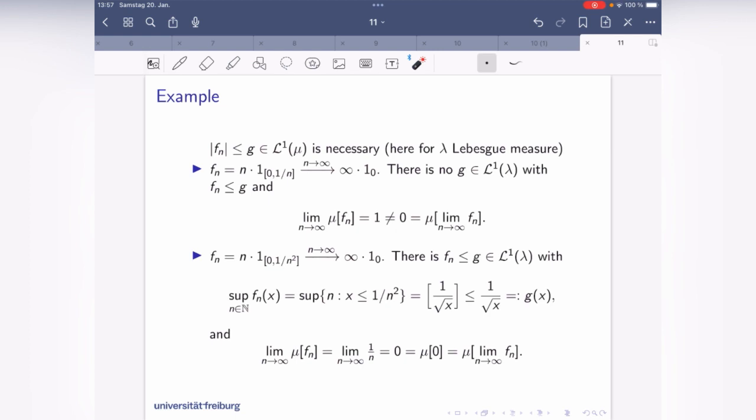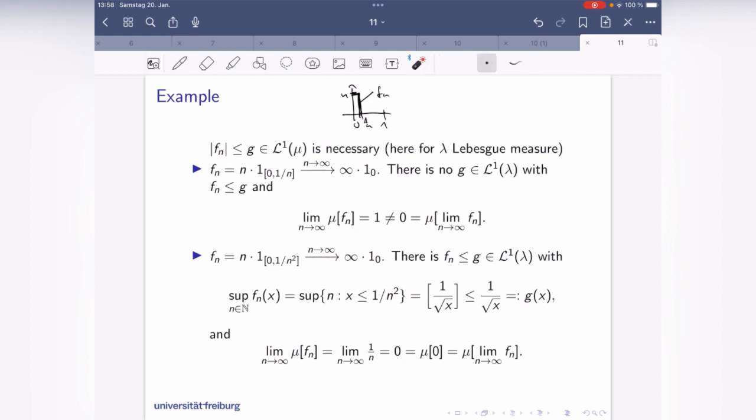So the first one is this one here. I have 0, 1, and in height n, I have here 1 over n, and that's the function fn.